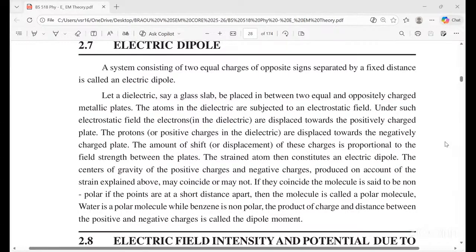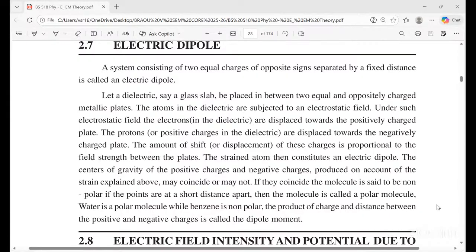So the center of gravity of the positive charges as well as the negative charges is balanced here. If they coincide, the molecule is said to be non-polar. If they are a short distance apart, then the molecules are said to be polar molecules.